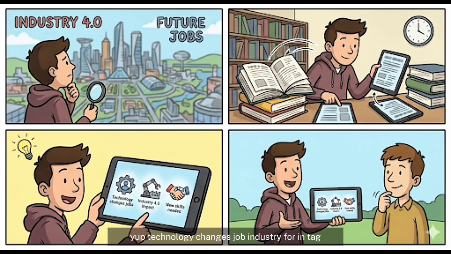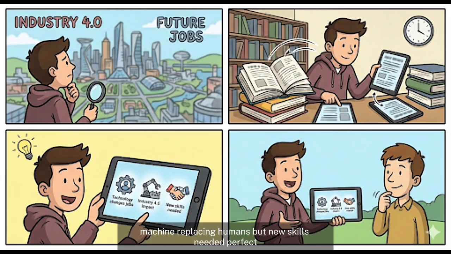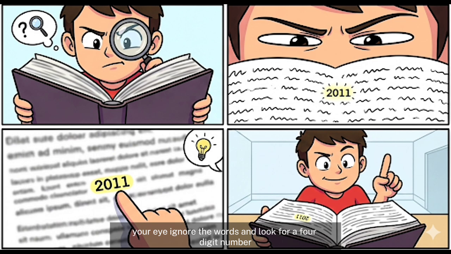Okay. Second time. What is the guess? Yup. Technology changes jobs and industry, machines replacing humans but new skills needed. Perfect. You didn't read the details, but you know the landscape. That is skimming.